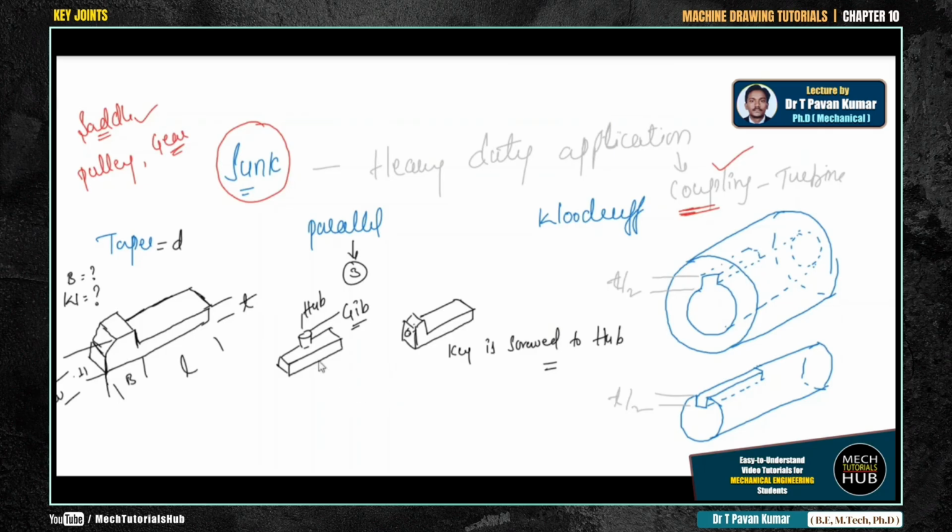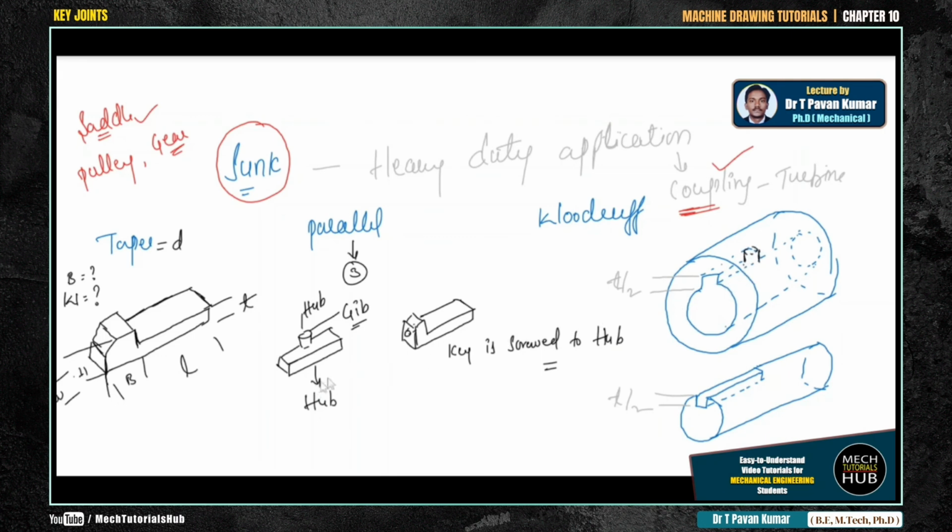Okay, so the only difference between these two is that the gib key or gib-headed key is placed before placing the shaft. This is placed first in the hub, and the gib is going to take the portion, means the same cylindrical feature is provided and drilled in the hub portion somewhere here.